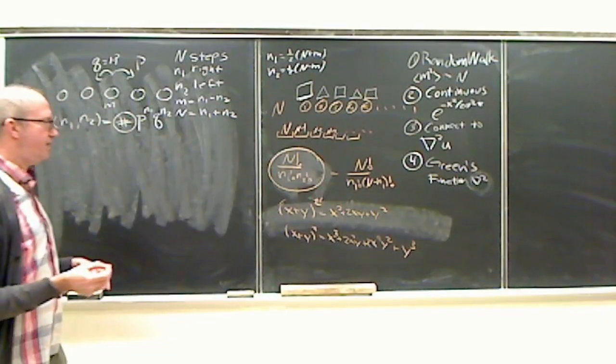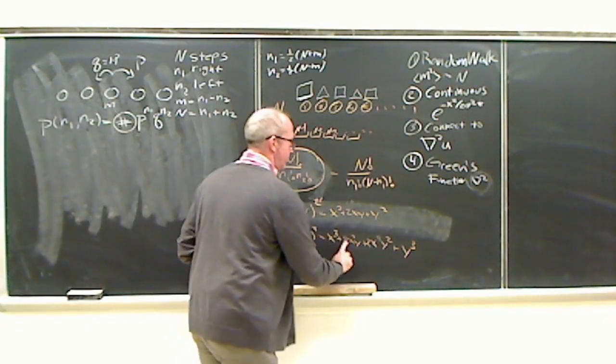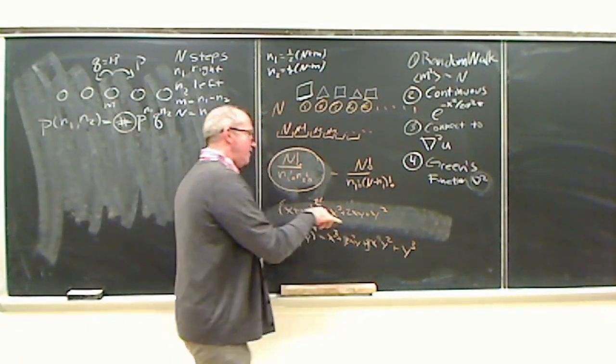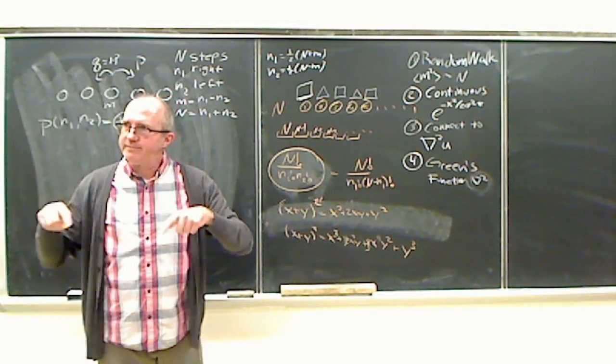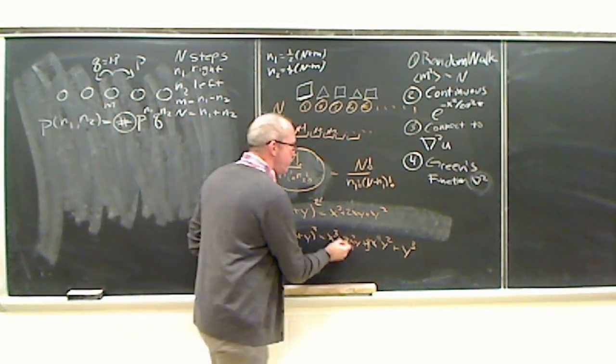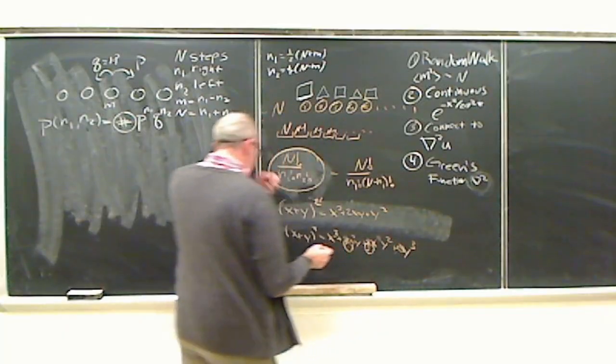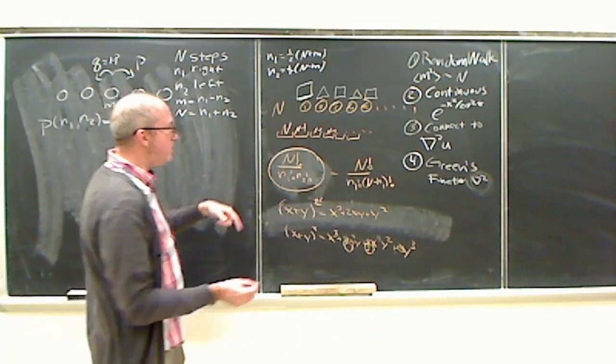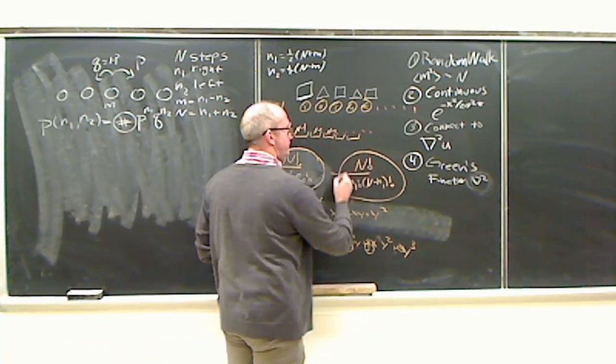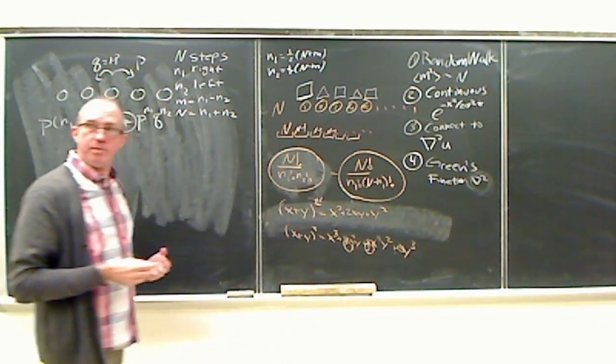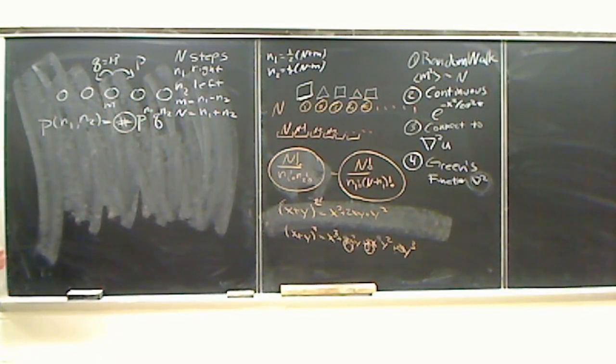I think it's 3x squared y? Okay, so anyway, you go through this process and you realize that the coefficients in front of your binomial expansion are these. And there's a way to derive that. You can just trust me for now.